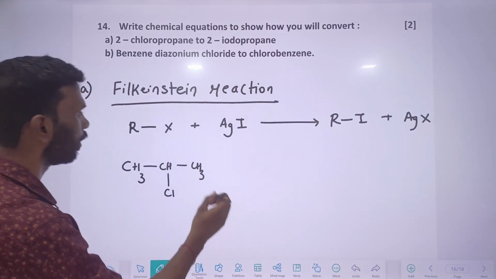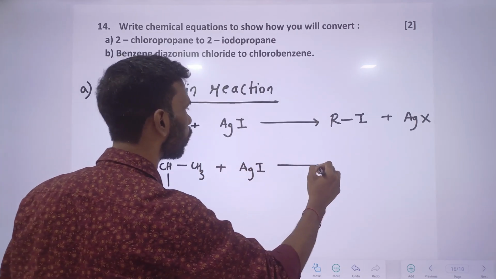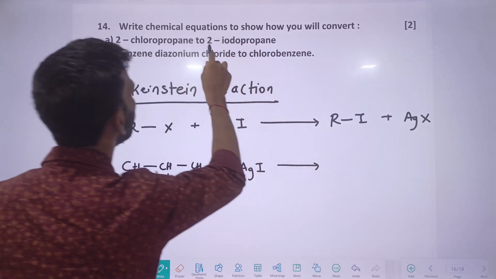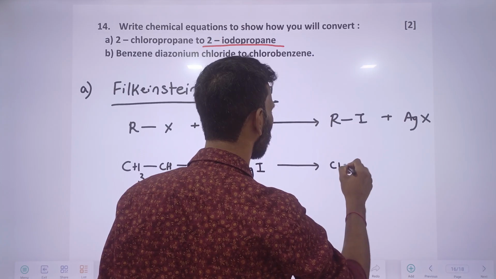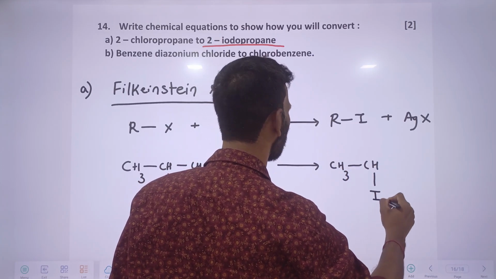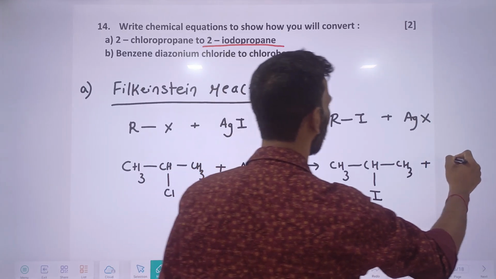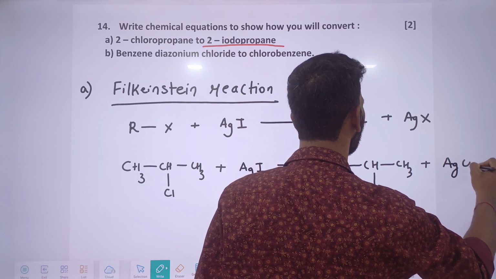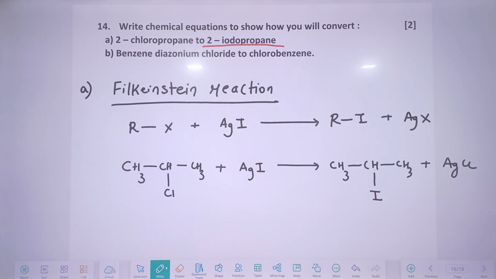I'm reacting it with silver iodide, and the compound you are going to get is 2-iodopropane. It is a very basic, simple reaction, no twist and turn, a direct reaction, and AgCl is the byproduct, that is the precipitate you are going to get over here. This is the one reaction.